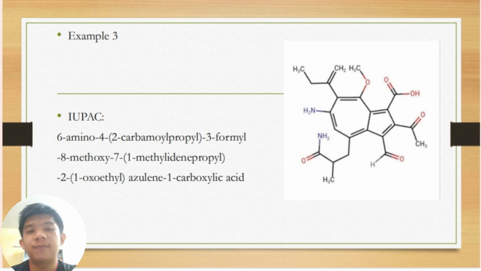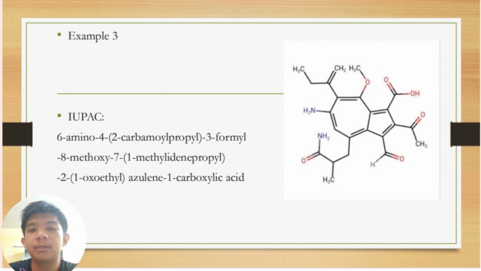And azulene is very special because usually an aromatic compound has six-member rings. But azulene is composed of a 5-member ring and a 7-member ring, which is very special.